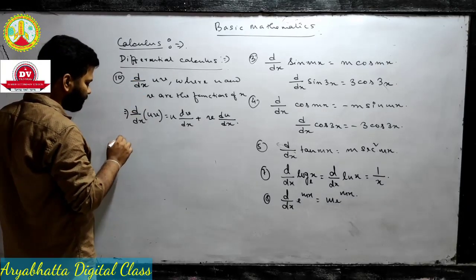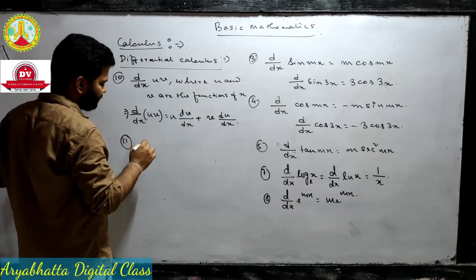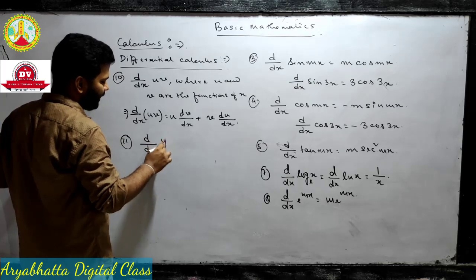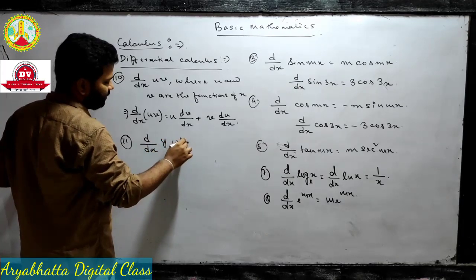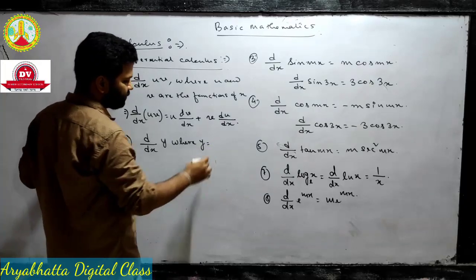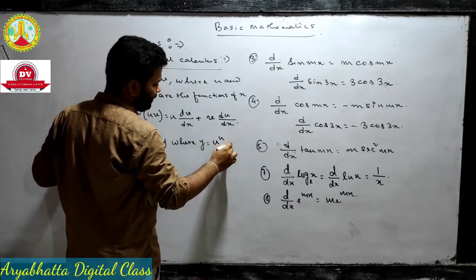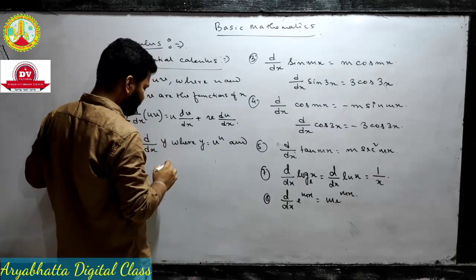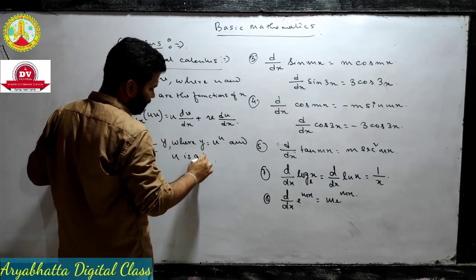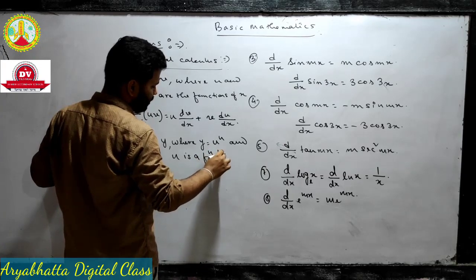Okay, number 11: d/dx of y, where y is equal to u to the power n and u is a function of x.